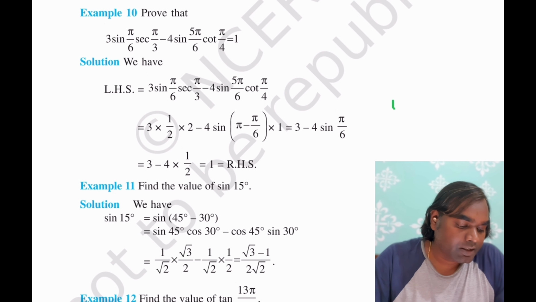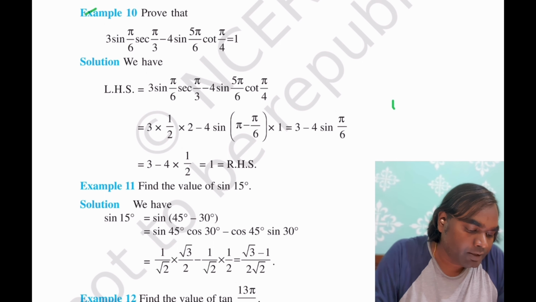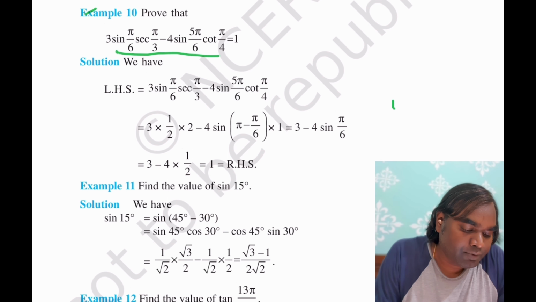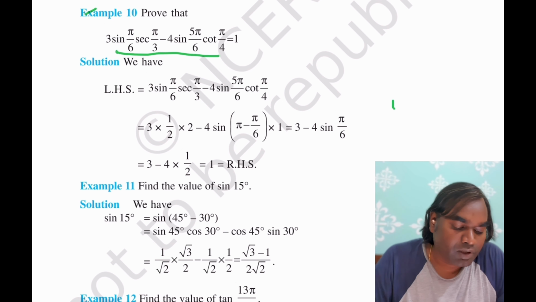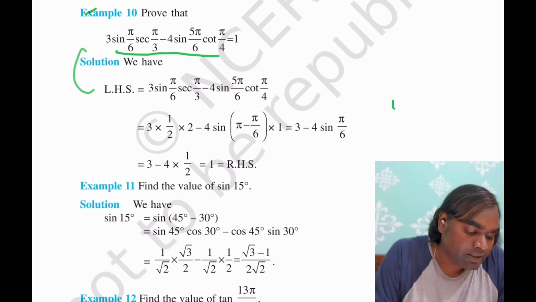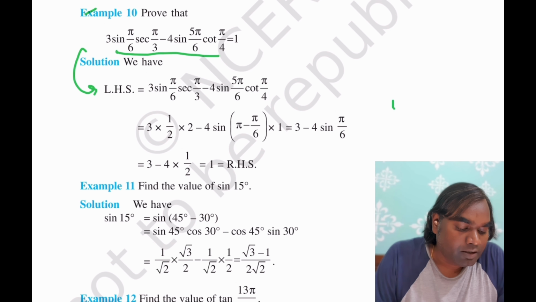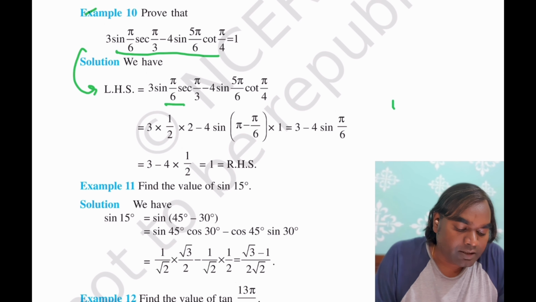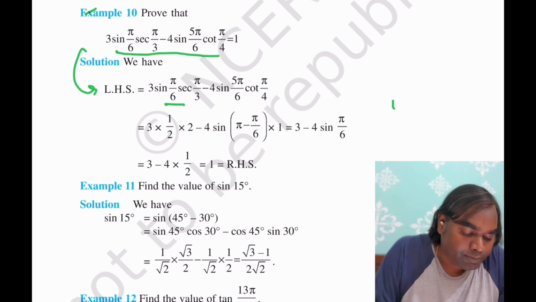So now let us take example number 10. Prove that 3 sin pi by 6 sec pi by 3 minus 4 sin 5 pi by 6 cot pi by 4 is equal to 1. So you have to solve this. How can we solve this? Just take the LHS, the left hand side of the problem, and start putting in the values for the corresponding sine, sec values.